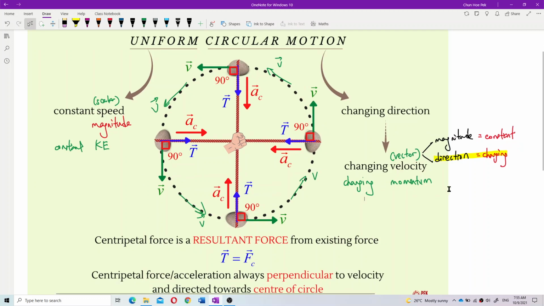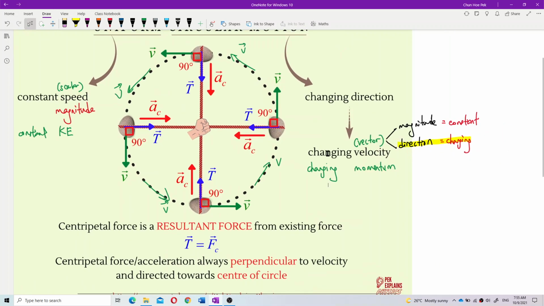Because of changing velocity, we have what we call acceleration. Because we have changing velocity, we have a delta v, isn't it?